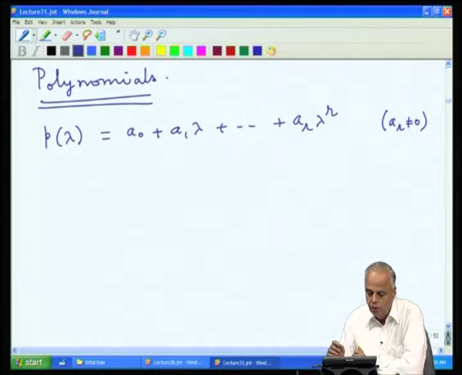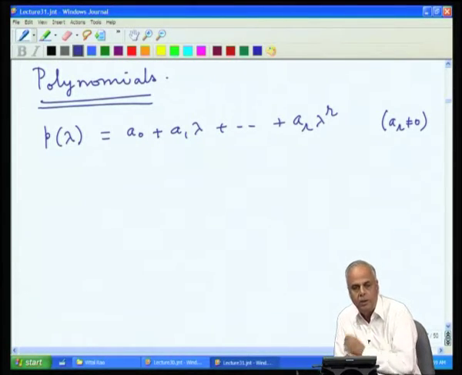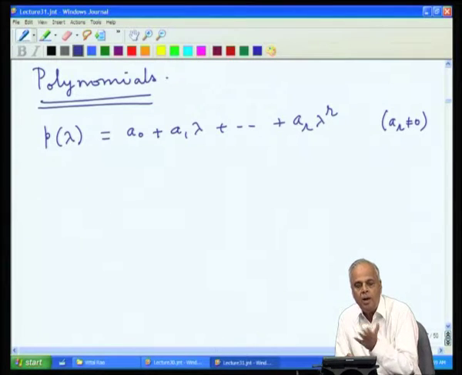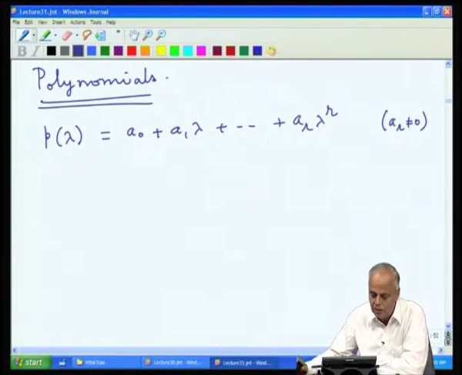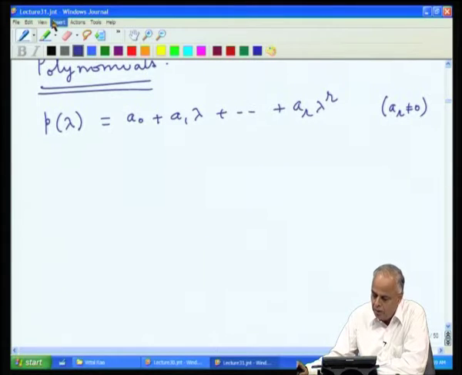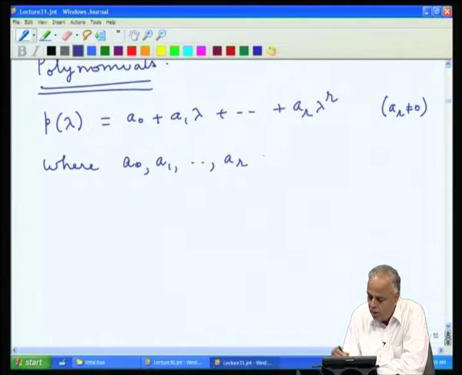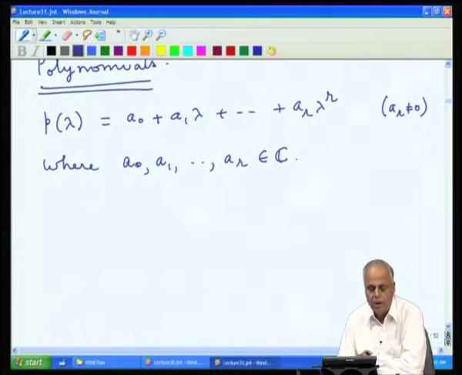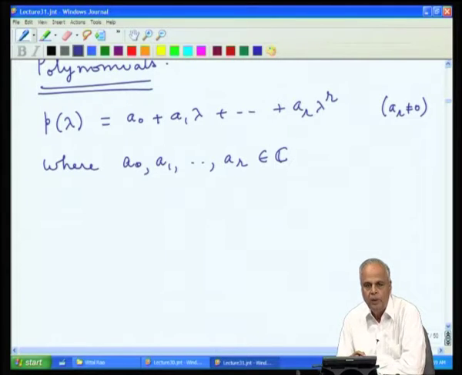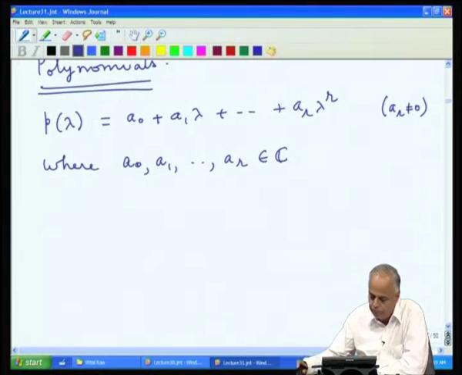If only the constant term is there and all other terms are missing, we will call it the constant polynomial. So, we consider in general polynomials of this type, where the coefficients a naught, a 1, up to a r are all complex numbers. So, we are considering polynomials with complex coefficients.